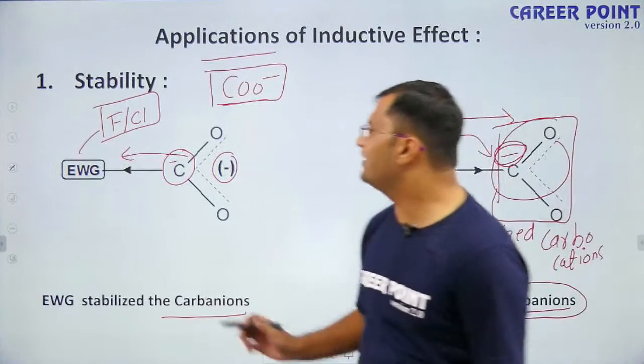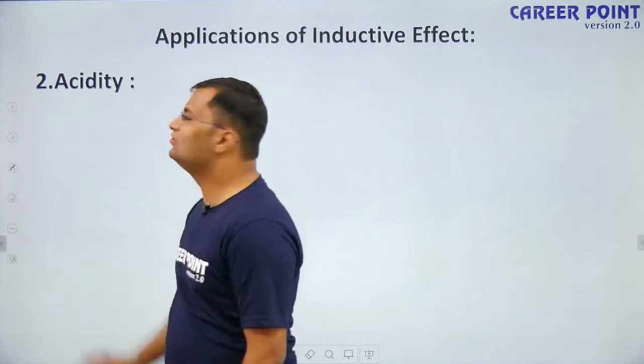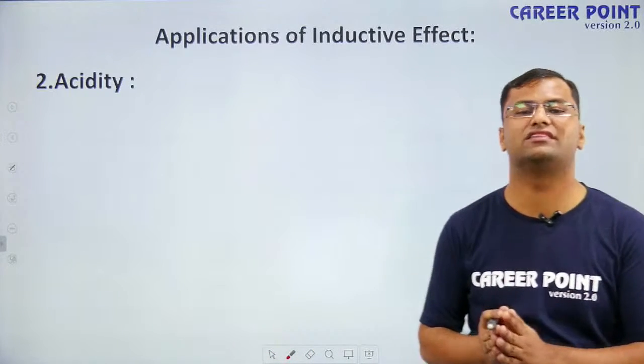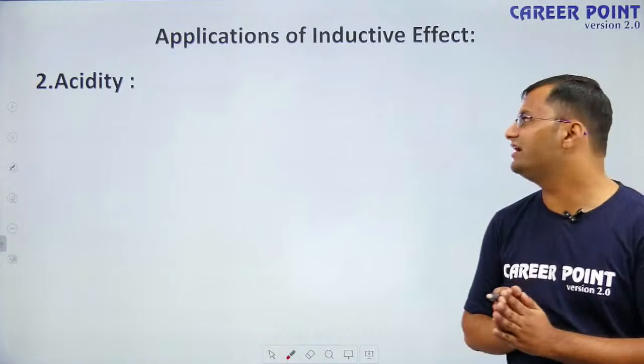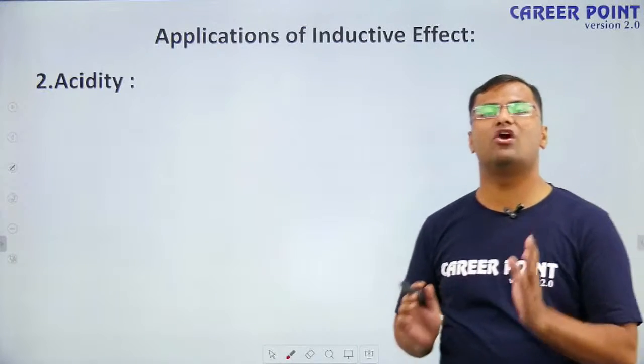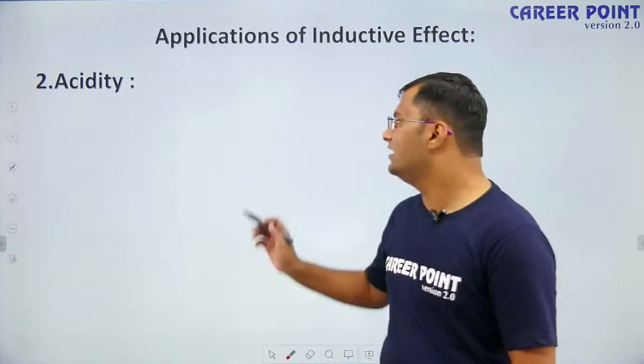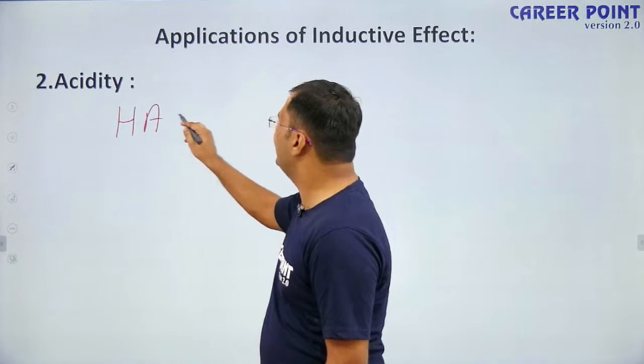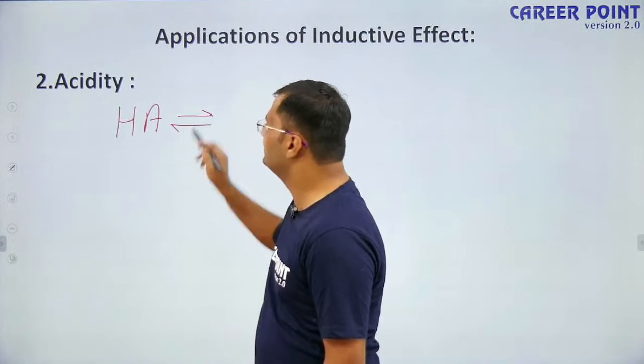Now we will go to the second part, which is the acidity of any compound. We have to find out the acidity of any compound. How can we find it out? Let us take an example of an acid, HA.